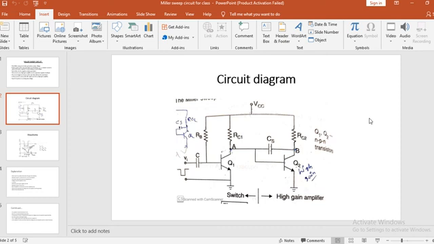When the input signal Vi goes negative, Q1 cannot conduct. When Q1 is off, the potential of point A will rise toward Vcc. But because of the presence of the capacitor Cs, the voltage at point A does not increase instantaneously.